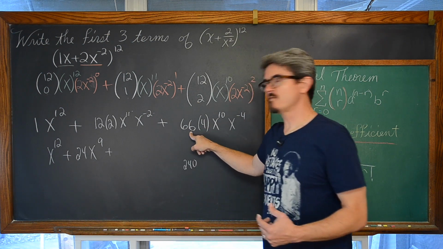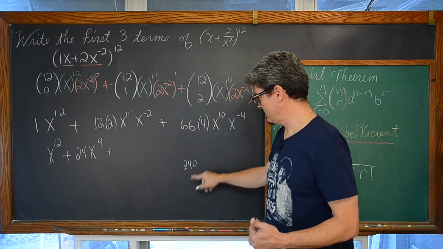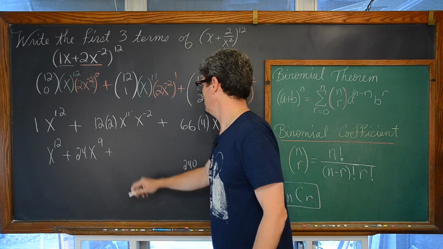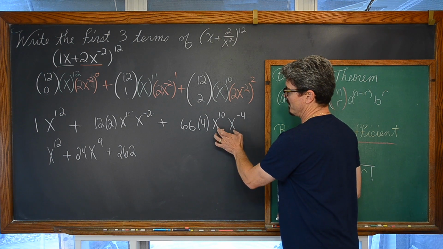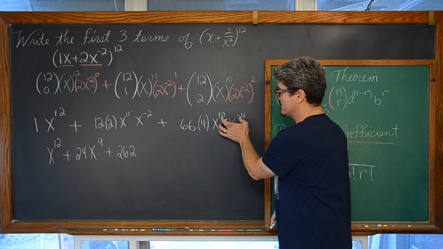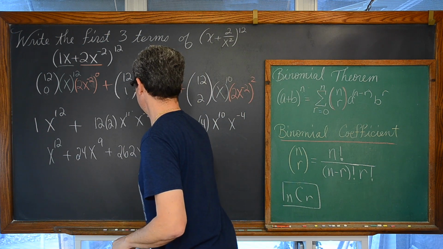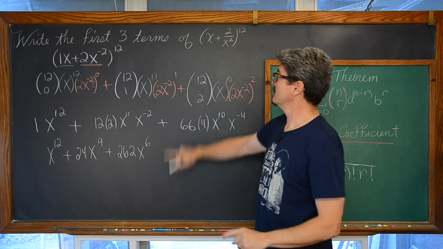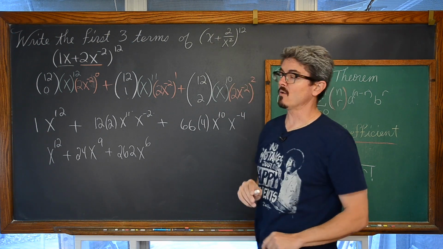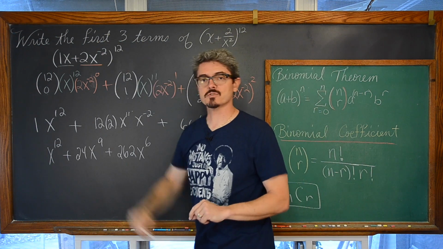And 6 times 4 is 24. So we're looking at 264. And then we have x to the 10th times x to the negative 4. Well, again, when you multiply like bases, you add those exponents. So we have 264 x to the 6th power. Now, that's not the full expansion of this binomial to the 12th power, but it is the first 3 terms.